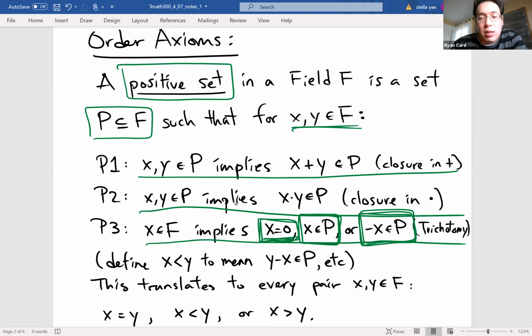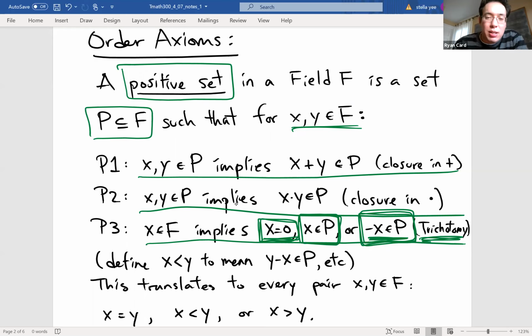So there's only 3 choices. And you can kind of think of this situation as being a negative number, right? So you either have a positive number, or you're 0, or the negative of it, the additive inverse, is positive. There are only 3 possibilities. So this is called the trichotomy.